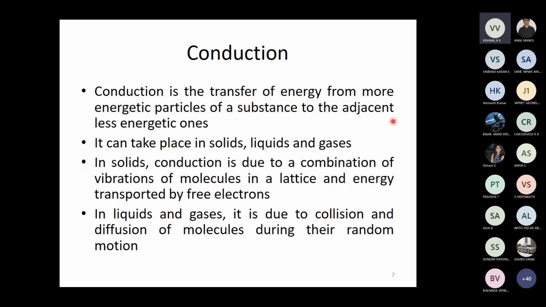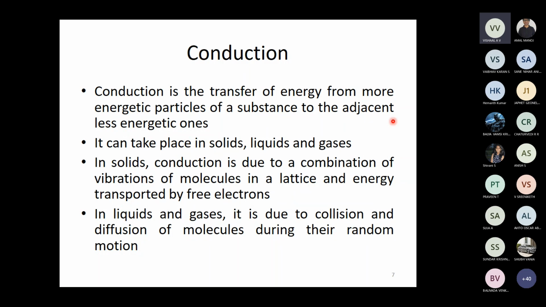Now coming to the first mode of heat transfer, conduction. Conduction is the transfer of energy from more energetic particles of a substance to the adjacent less energetic ones. When we say energy here, we are talking about thermal energy.